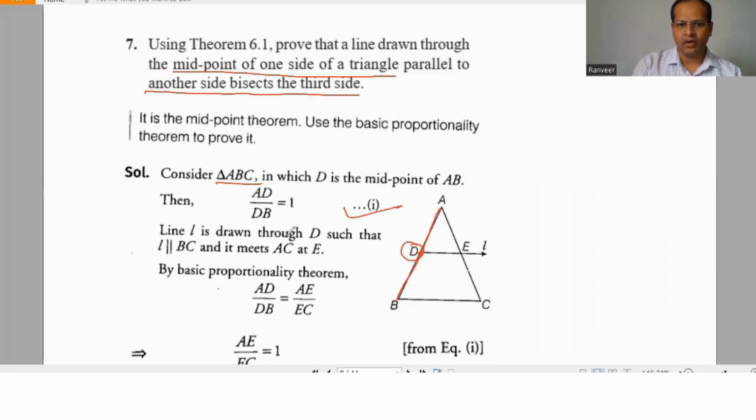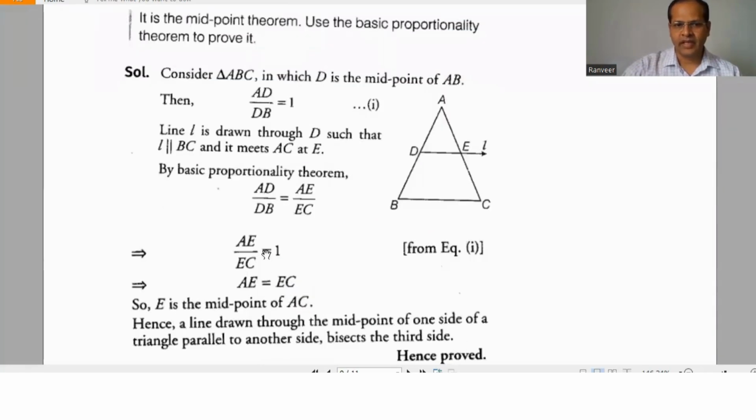Now line L is drawn through D such that L is parallel to BC and meets AC at E. So by the basic proportionality theorem, we can say AD by DB equal to AE by EC. This is the theorem. So AE by EC is also 1, because AD by DB equals 1 from the first equation.